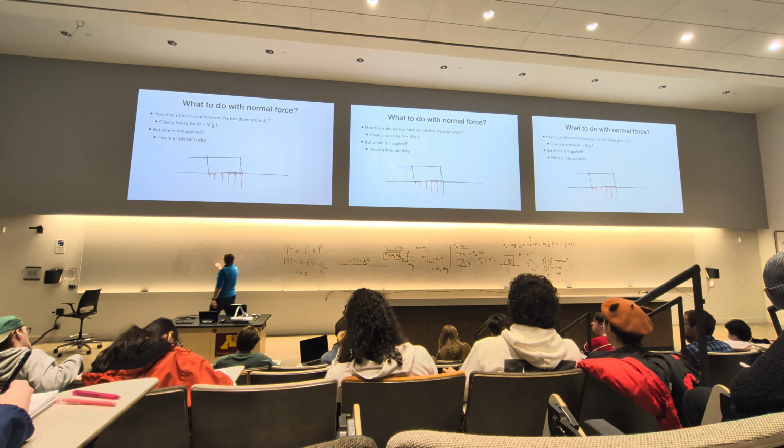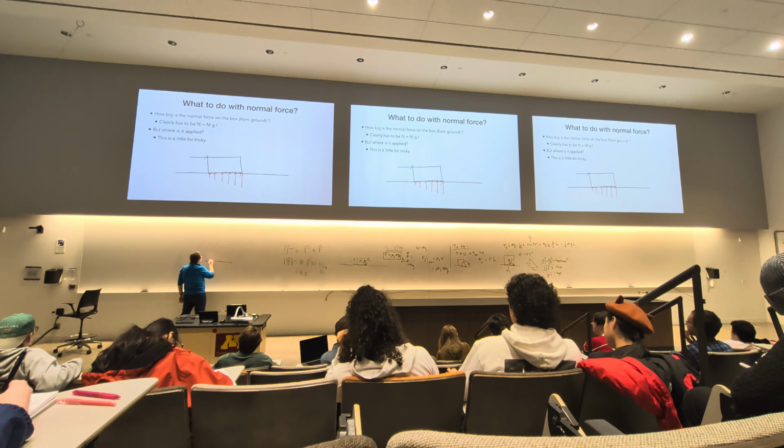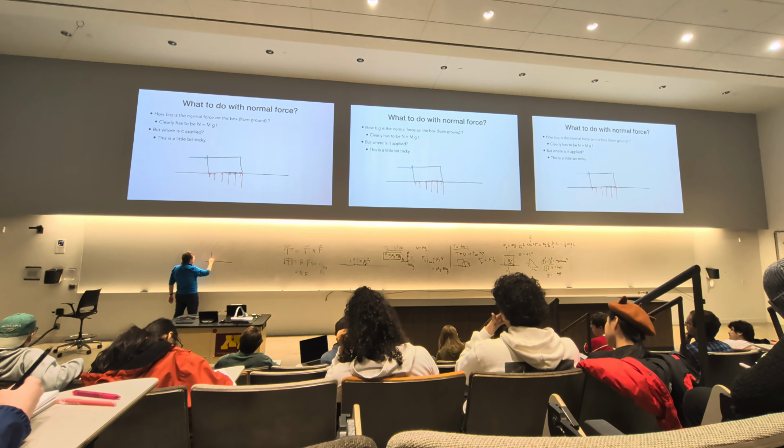If the box is almost about to tip over, imagine for the sake of argument that it kind of looks like this, where there's a tiny, infinitesimal amount of room over here, which is so small you can't really see it if you're in the front row, let alone in the back row. So what will happen is that just when the box is about to tip over, which is what we're interested in, it's resting on this point.